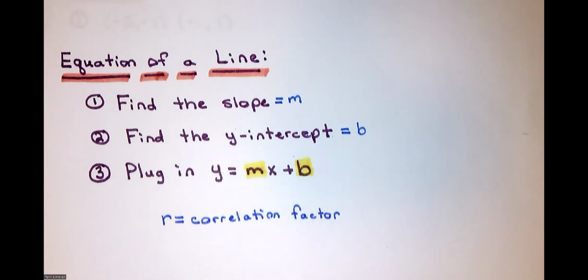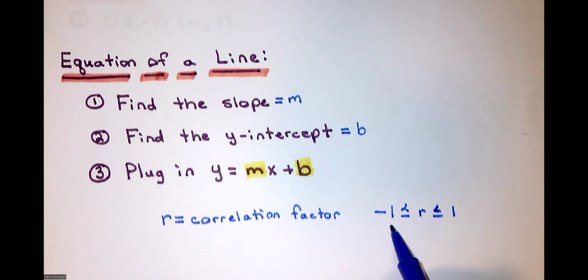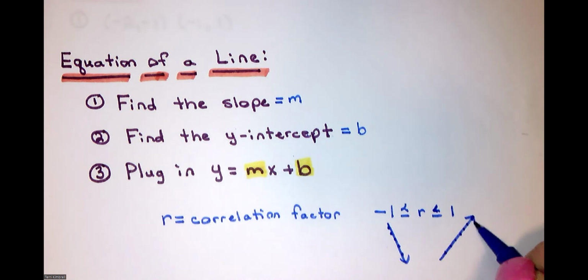So remember that that R factor is going to go between -1 and +1. -1 is very strong, which means it's a perfect negative slope. Okay. +1 is perfect in the positive direction because it's a +1. And then the further the points are away from the line, the weaker the correlation.